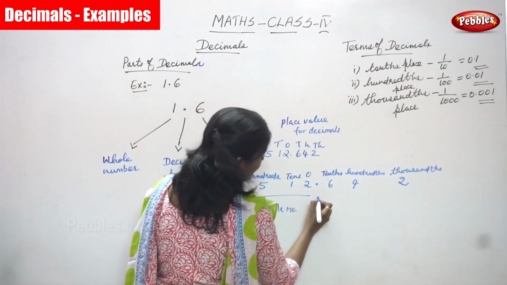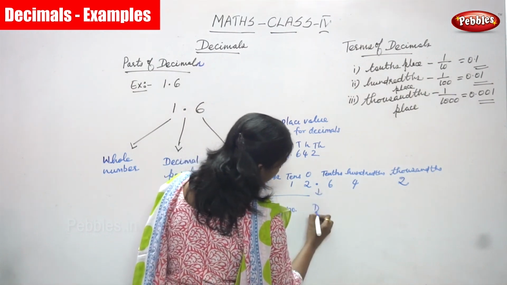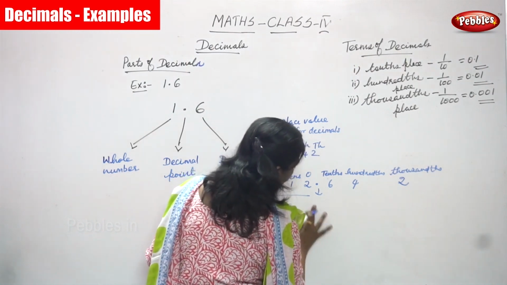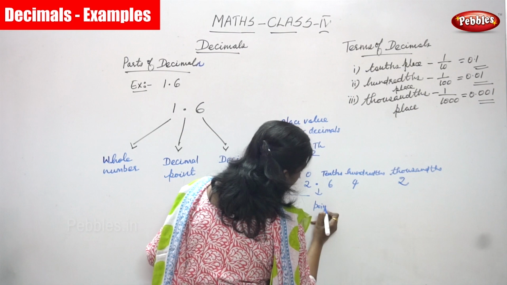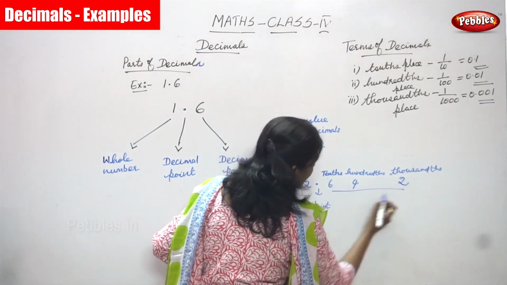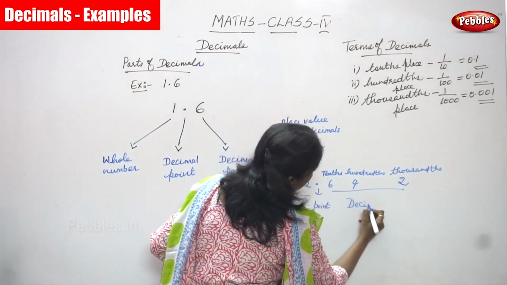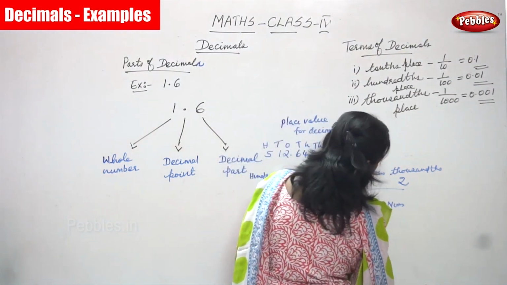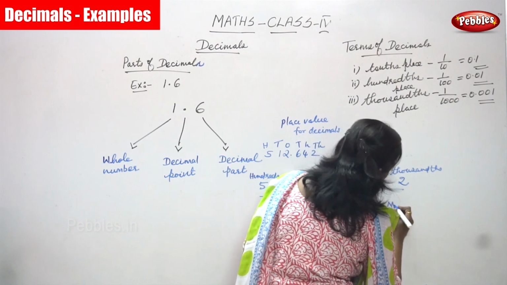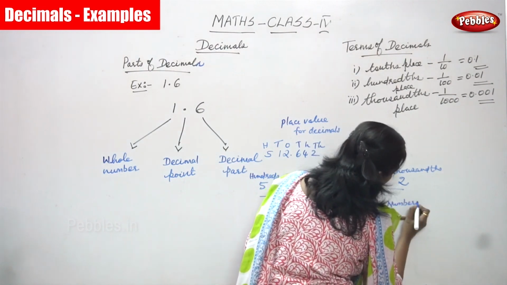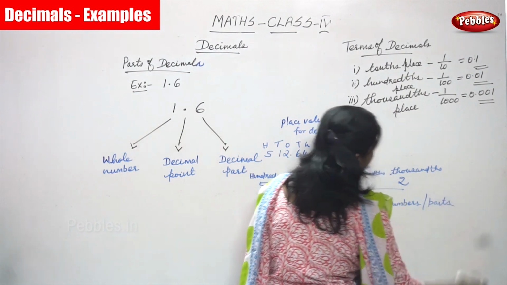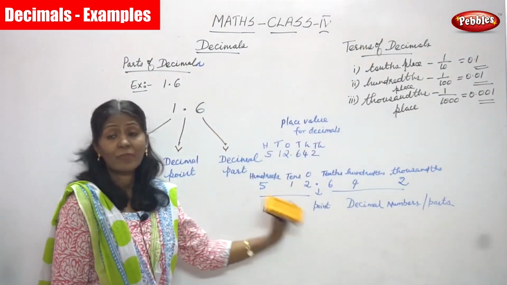Okay, whole number. This is what? Decimal point. This is a point, they can call it a decimal point, and these 3 are decimal numbers, or decimal parts. Okay, this is the exact place value for decimals.